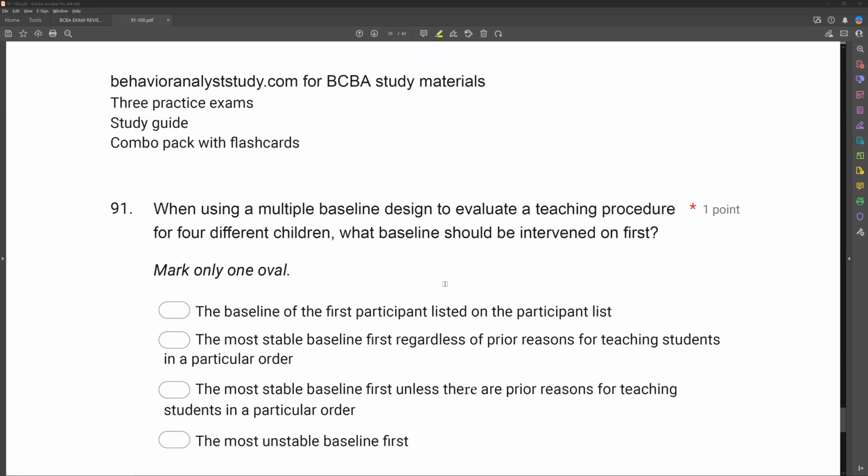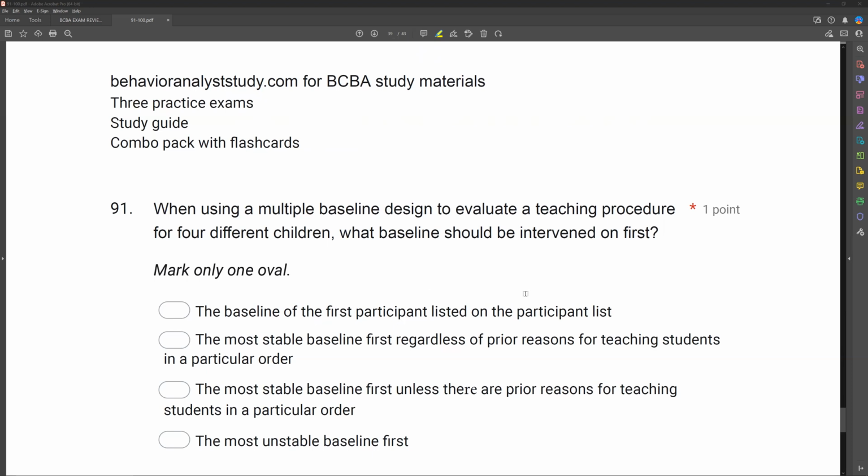But we don't just willy nilly decide when and where to intervene, right? Everything needs to be systematic. So this question is asking you systematically, what baseline are you going to intervene on first when using a multiple baseline design? And in this case, we have participants, more specifically, 4 different children. So out of the 4 children, how are we going to decide who we intervene on first?